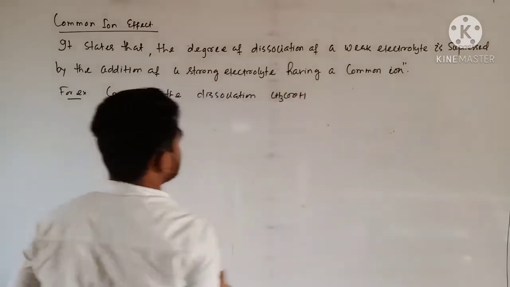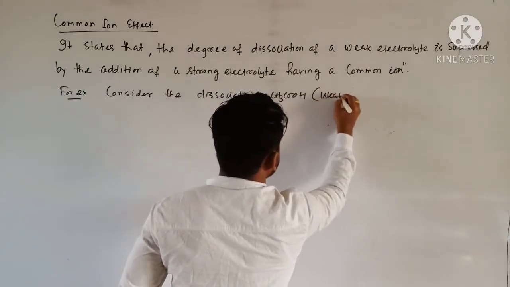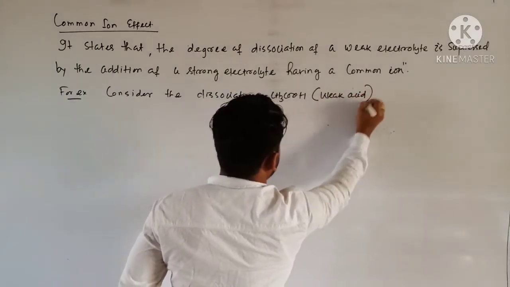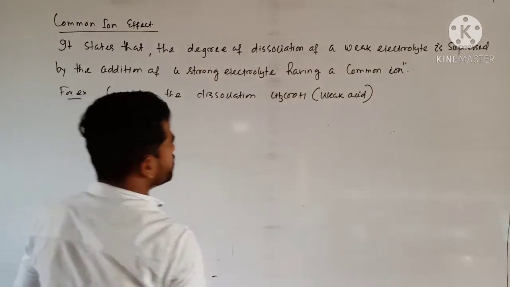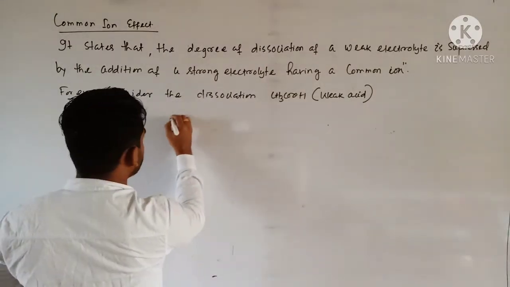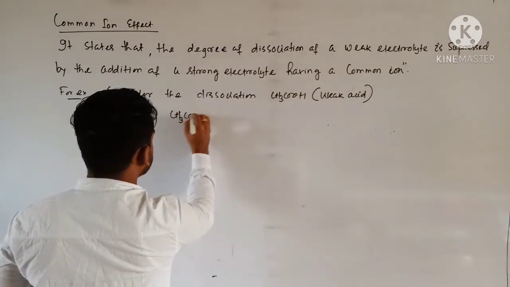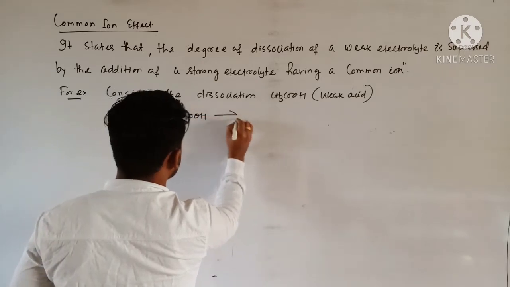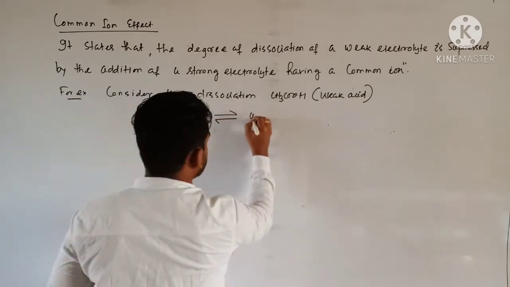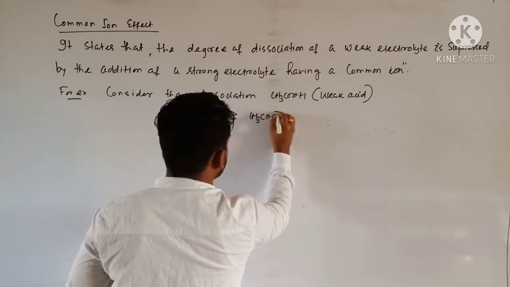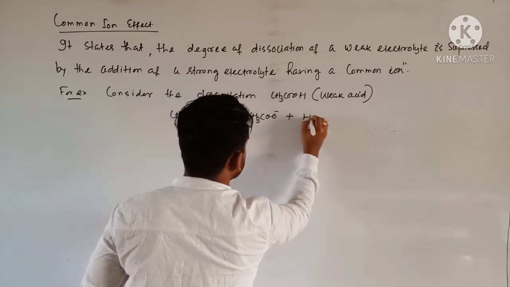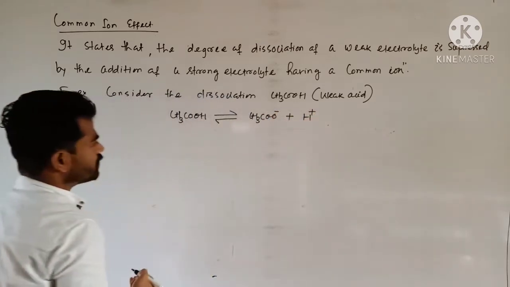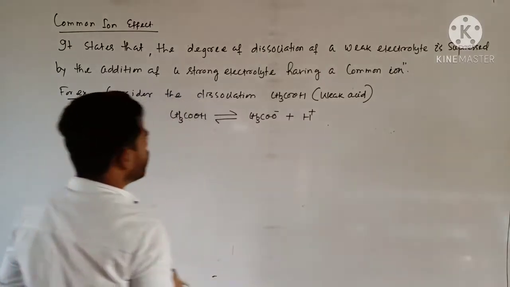This one is a weak acid. So its dissociation can be written as CH3COOH giving rise to CH3COO minus plus H plus, in aqueous medium you can say.